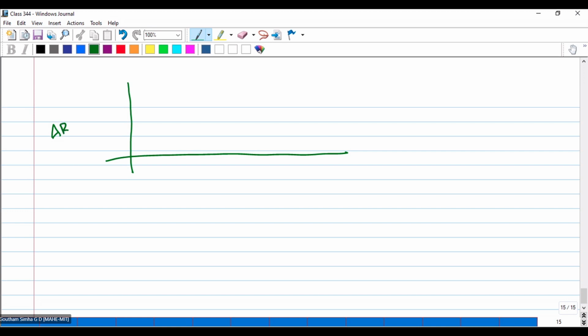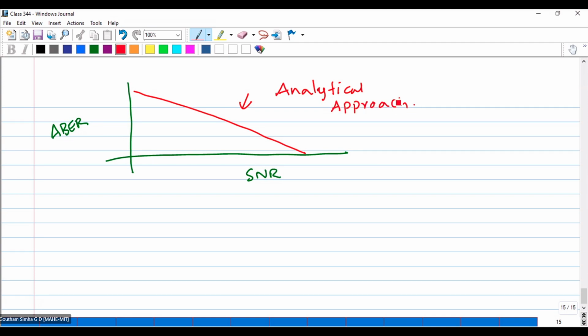Now, ABER versus SNR. Let's say my mathematical upper bound is something like this. This is my analytical approach, by which I have obtained a probability of outage or ABER.